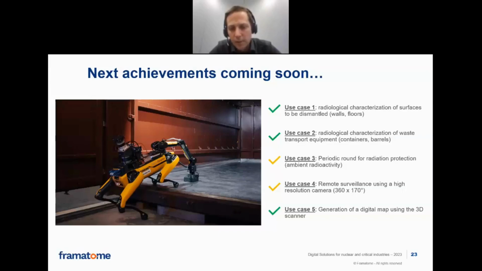Additionally, we generated a digital twin, a digital map of the real environment. With this, a lot of other things are possible, and we added some more here, like the periodic round for radiation protection, or remote surveillance if you make use of a high-resolution camera that, for instance, was already tested by Boston Dynamics at Los Alamos under heavy radiation conditions.